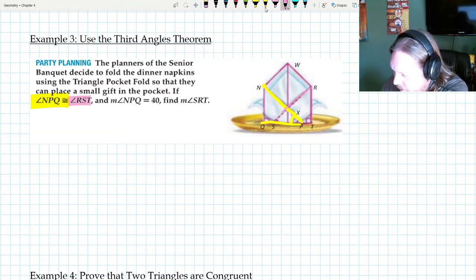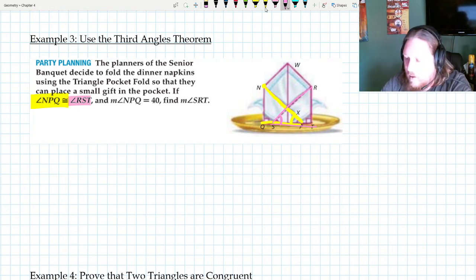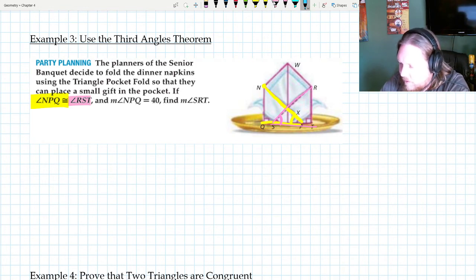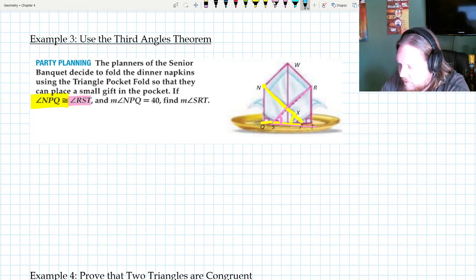R down to S down to T, and that one has a congruent symbol on it. So those two angles are congruent to each other. They want you to identify, I'll highlight it in blue here, NPQ. Oh no, they told us NPQ is 40. So this angle in here, the yellow angle, is 40 degrees.